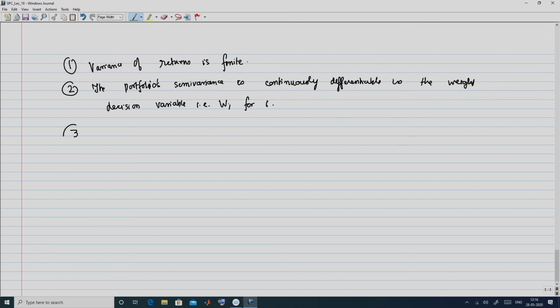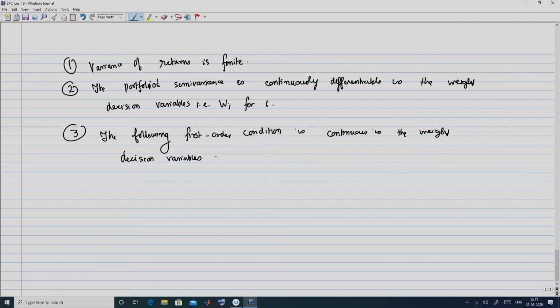And the third condition is the following first order condition, which is continuous in the weight decision variables Wi for all i. And what is this condition?